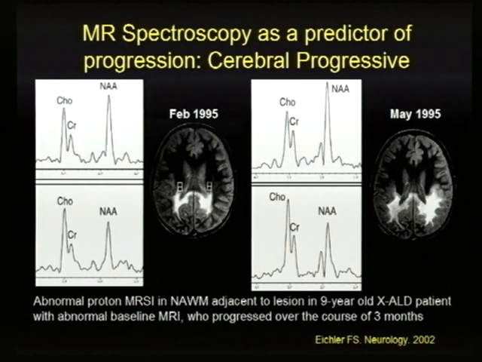The main point here is that a peak called N-acetyl aspartate, NAA, is a marker of the axon of the nerve fiber, whereas choline is a marker of the myelin sheath.